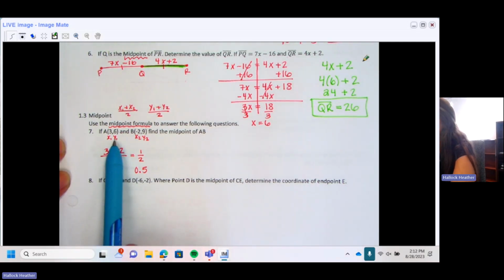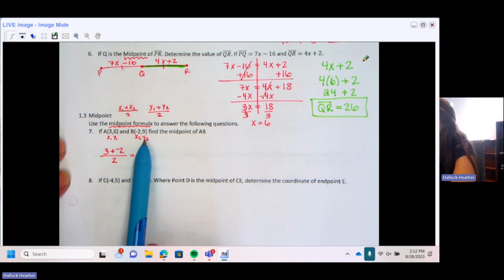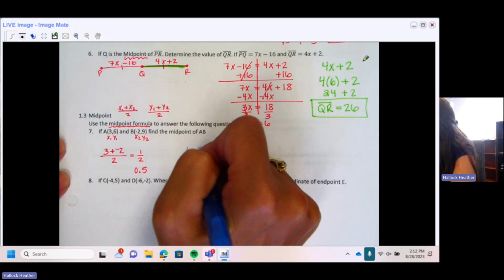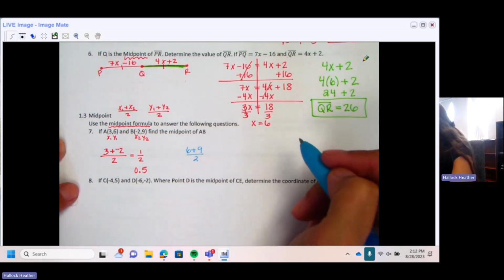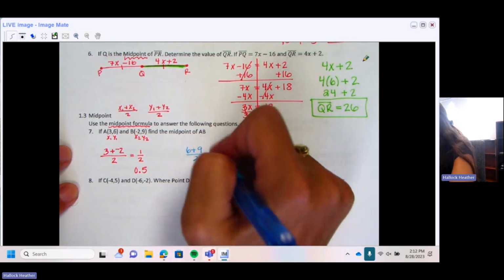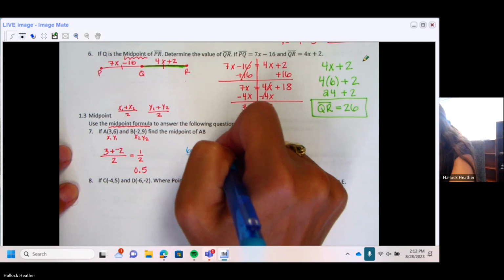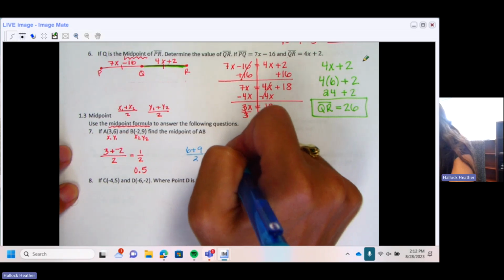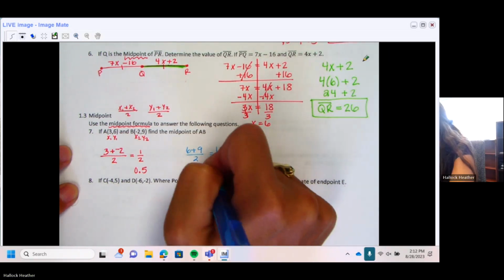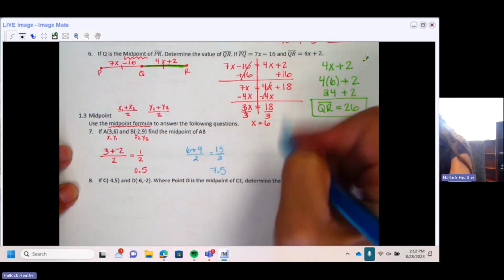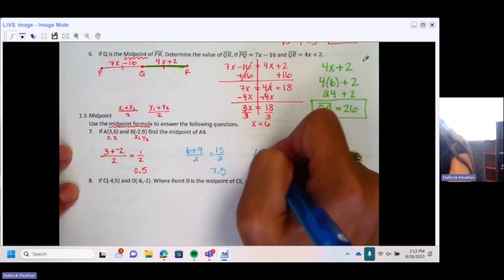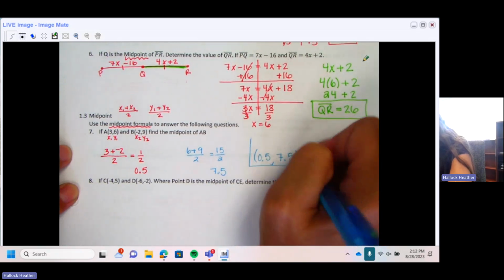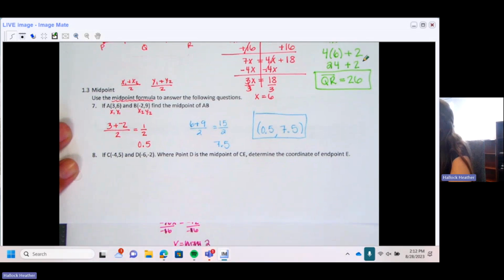I'm going to take 6, add 9, divide by 2. 6 plus 9 gives me 15. Divide by 2. Not going to go in evenly, but it's 7.5. So you write this as a coordinate point, which is 0.5, comma, 7.5. That is the midpoint between those 2 points.